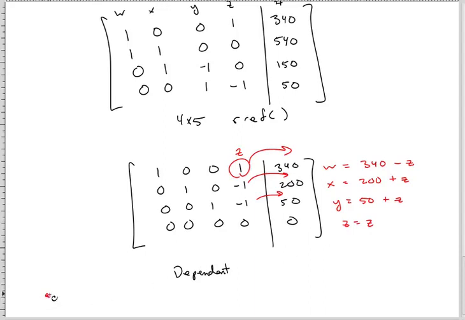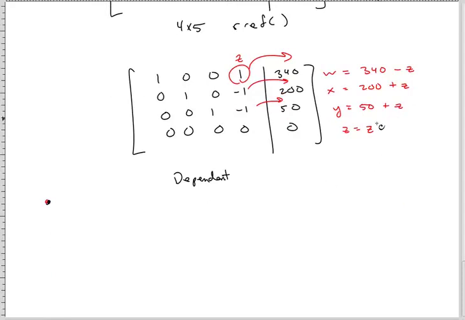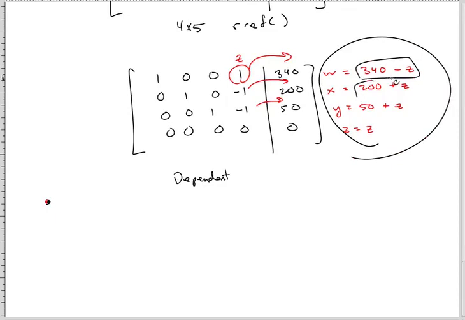So there's another component to this problem. After this, they say, hey, I'm glad that you got some answers here, and you would actually have to type these in. These are real answers for your math homework program. But they're going to say, well, hold on. Z is equal to 40. Now find out what W, X, and Y are from that. So I have 340 minus 40 would be 300.